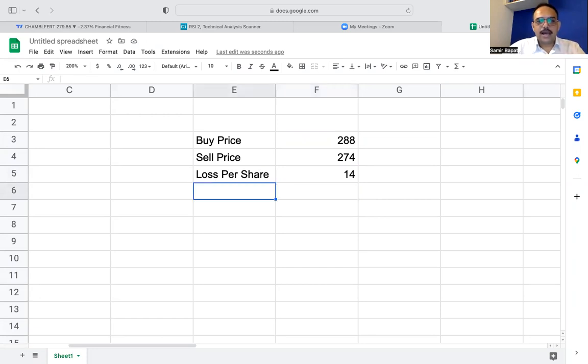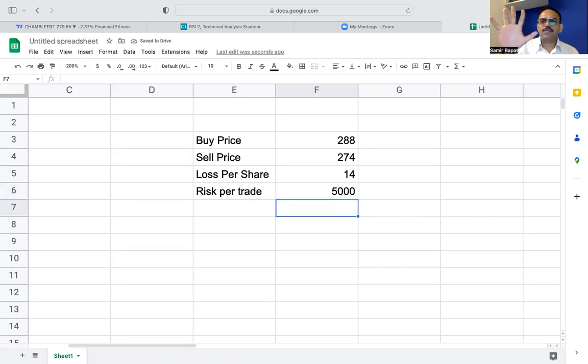Great. If I am ready to take a risk of, let's say, 5,000 rupees per trade, I'm taking a risk of 5,000 rupees only for a trade.